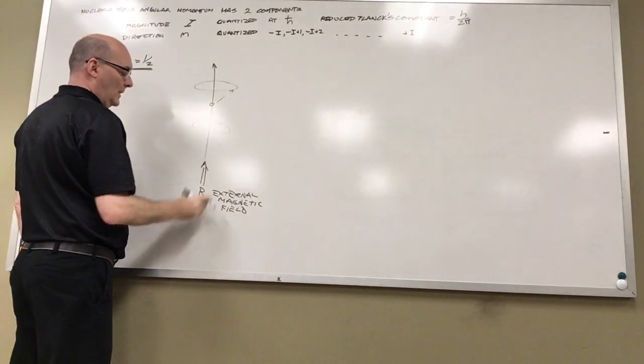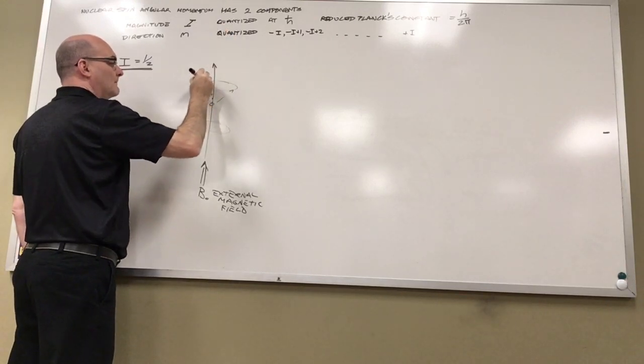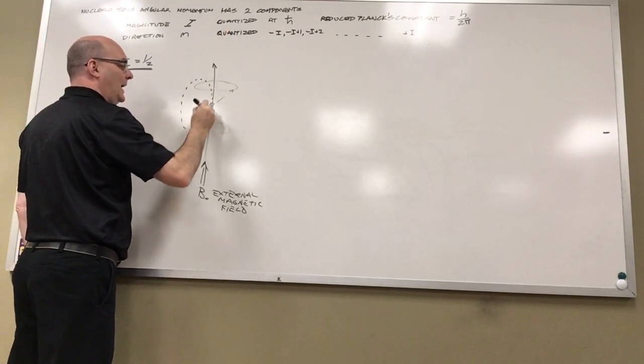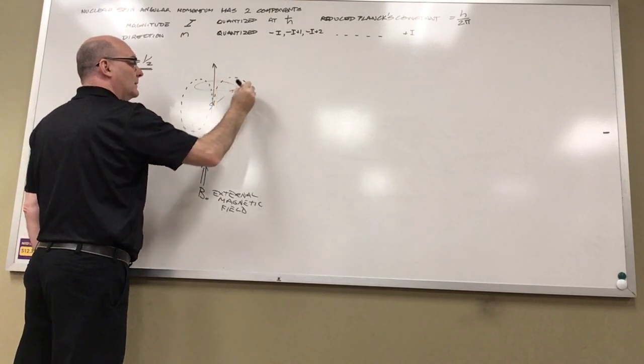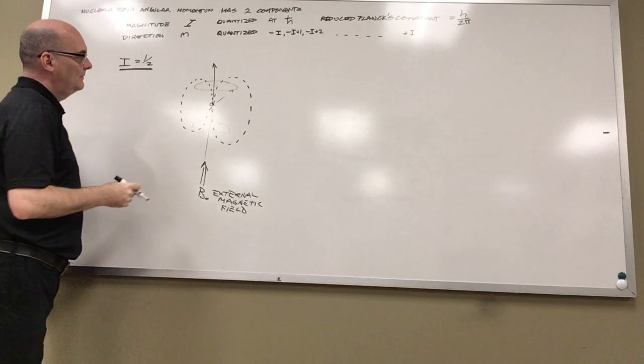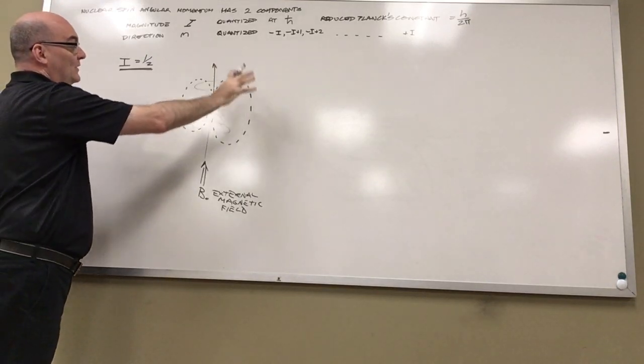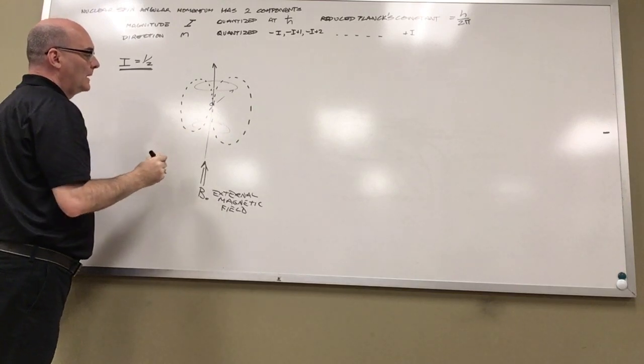Okay. My magnetic field comes this way, but any charged point object or any little object like this is generating its own magnetic field.